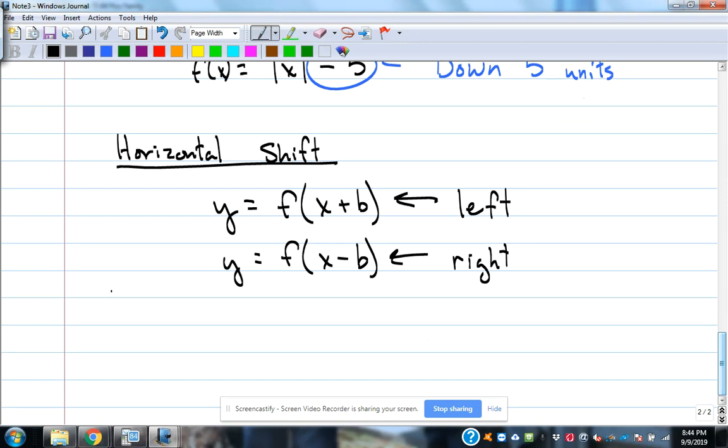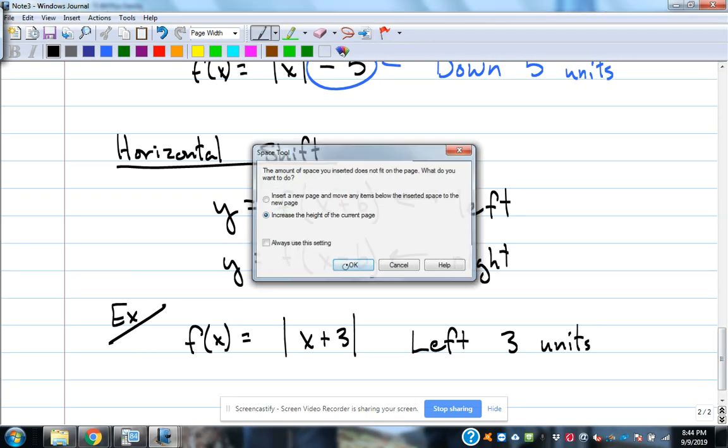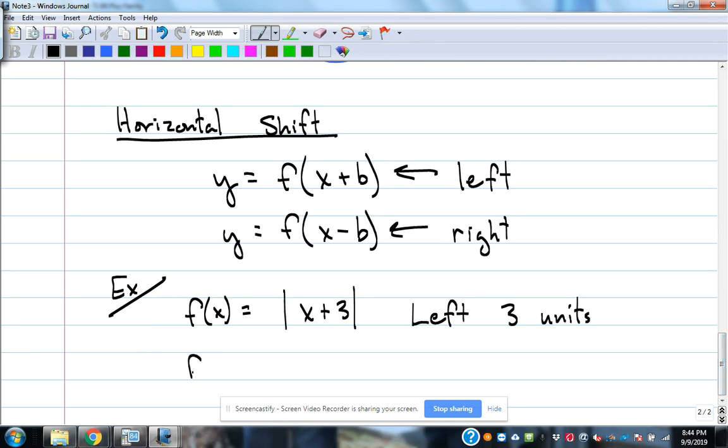Okay. Examples. Absolute value of x plus 3. That would be to the left 3 units. X minus 5 squared.